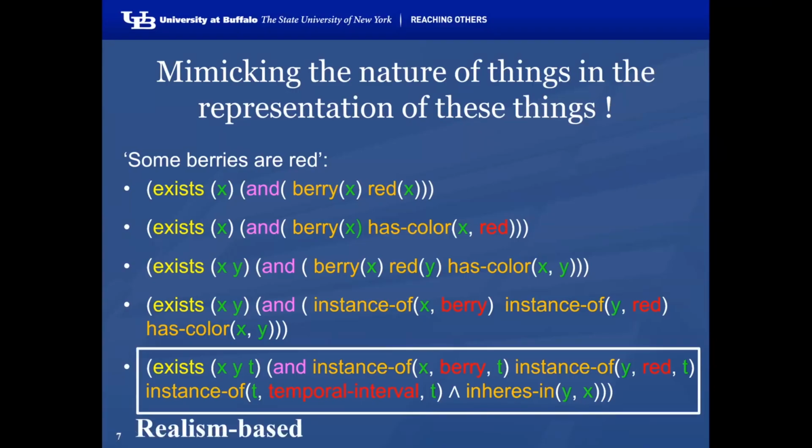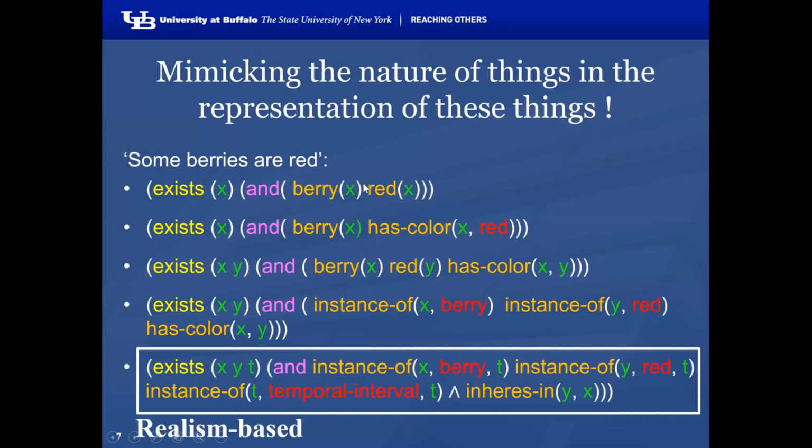So the difference in going from here to here is that you go here where you have purely predicates, like the properties in the mainframe sense. So berry and red are here properties that you can read as being a berry or being red.